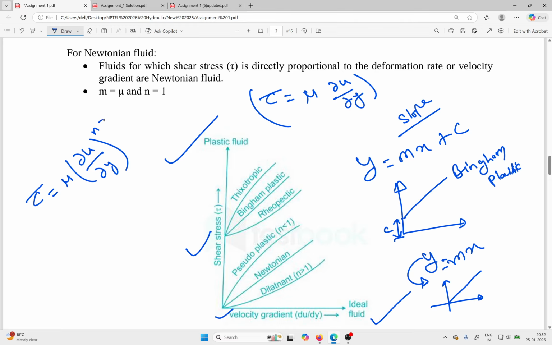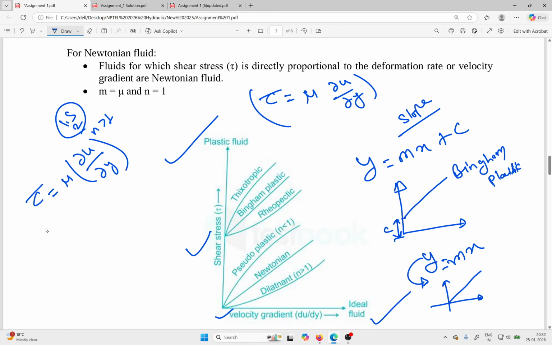The n value is greater than 1 for dilatant. Greater than 1 means maybe 1.5 to whatever, but greater than 1. Remember, please.